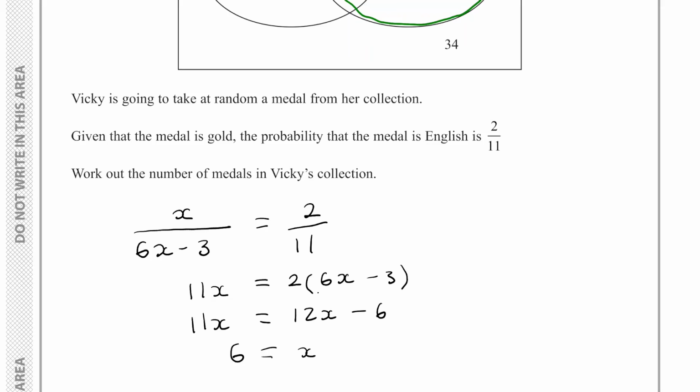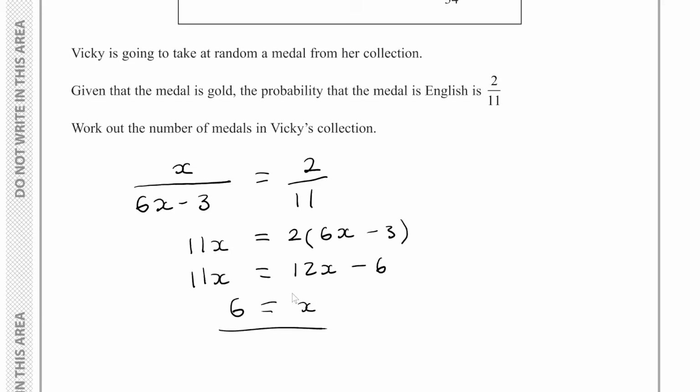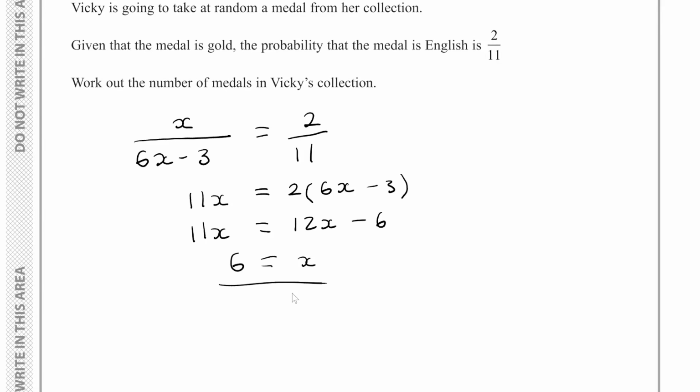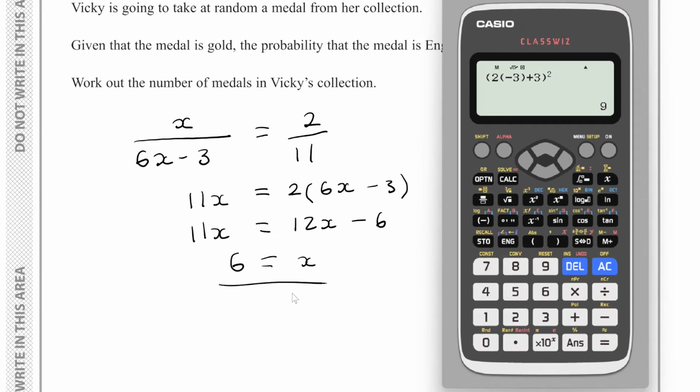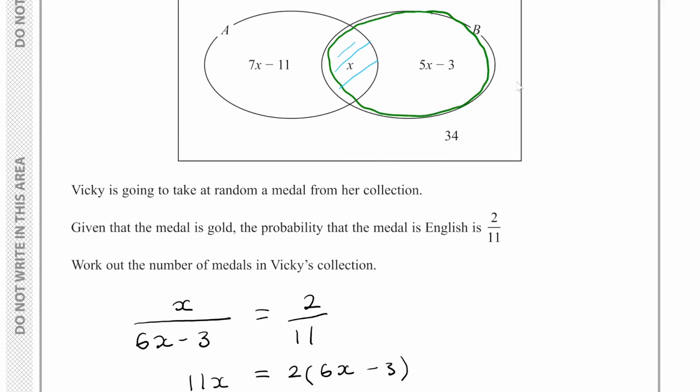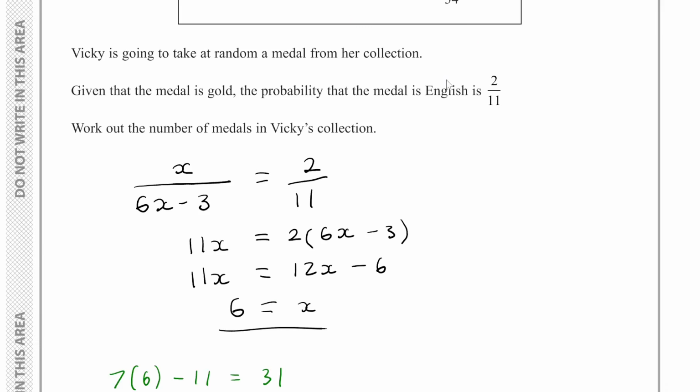x is 6. So if x is 6, we have 7x minus 11. 7 sixes minus 11, which is 31. We have 5x take away 3.